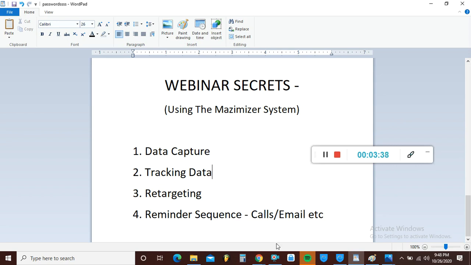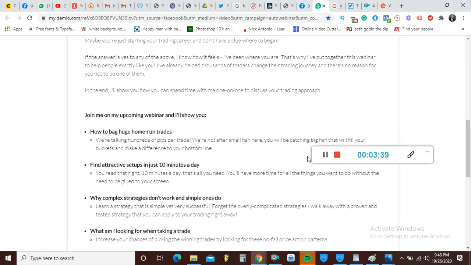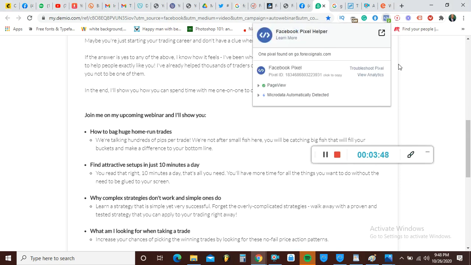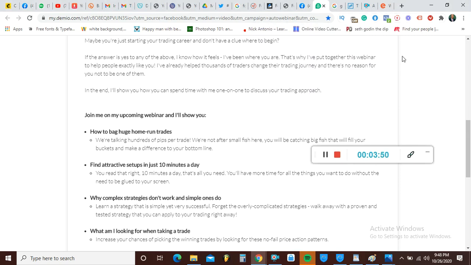So, another thing we're going to need is, like I said here, a data capture system, tracking data. Now, the tracking data here, if you notice here, I have a tracking code here that's tracking this website, right? The reason why the tracking code is important is because statistics have shown that only 2% of people who are going to land on this page are going to convert, right?